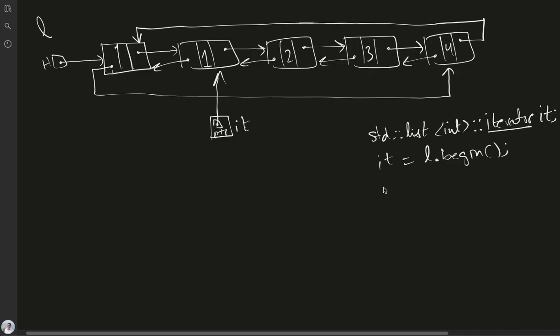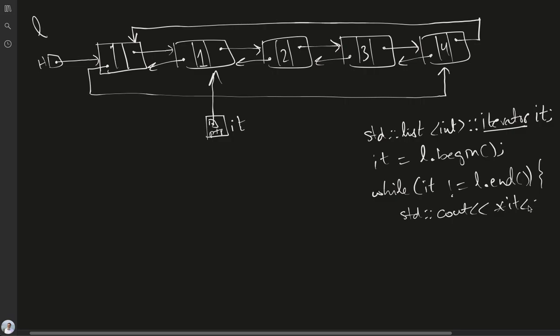So we can say that while it is not equal to L.end(), so while the iterator does not reach the position past the last node, we will continue the loop, and within the loop we can just say cout, star it, followed by a space.